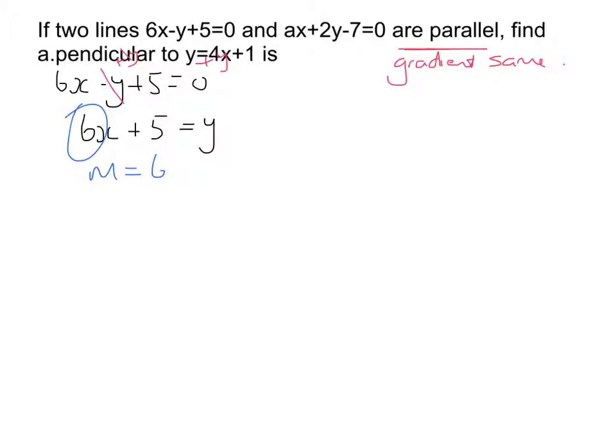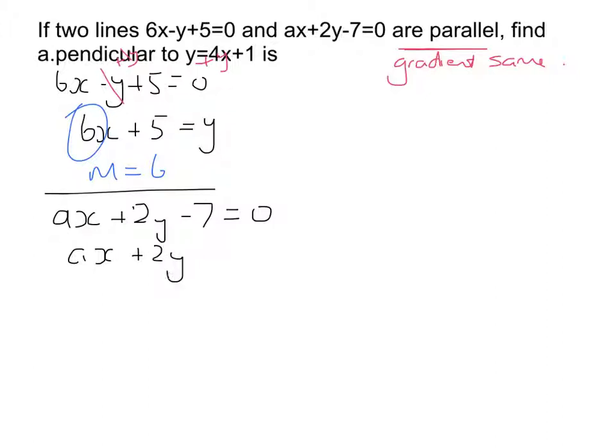So for the second equation, we now need to see how that's going to work. So we have ax plus 2y minus 7 equals 0. Now I'll add 7 to both sides, so we have ax plus 2y is equal to 7.